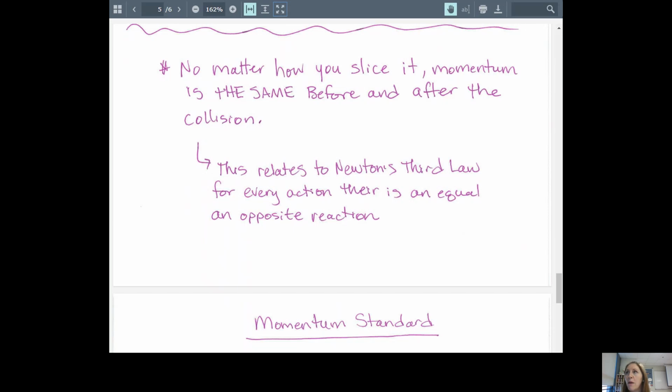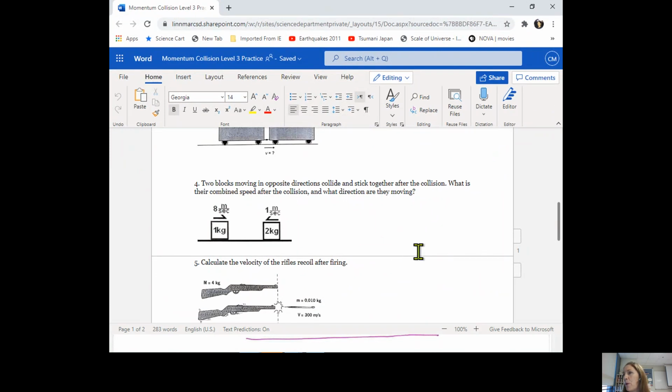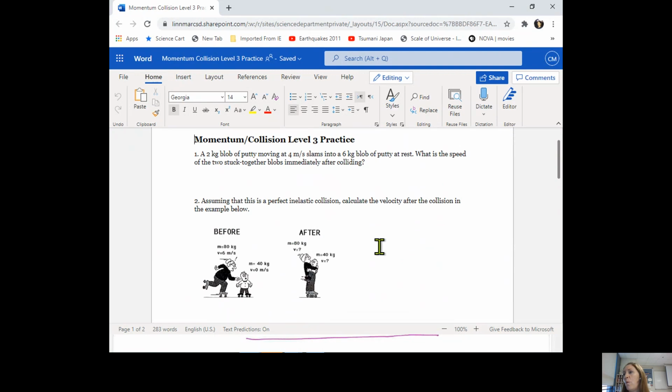So then what we wanted to look at was just doing some practice here, first just identifying what type of equation we're going to use. So if we're looking at number 1, and we have a 2 kilogram blob of putty moving at 4 meters per second, slams into a 6 kilogram blob of putty, what is the speed of the two stuck together blobs?